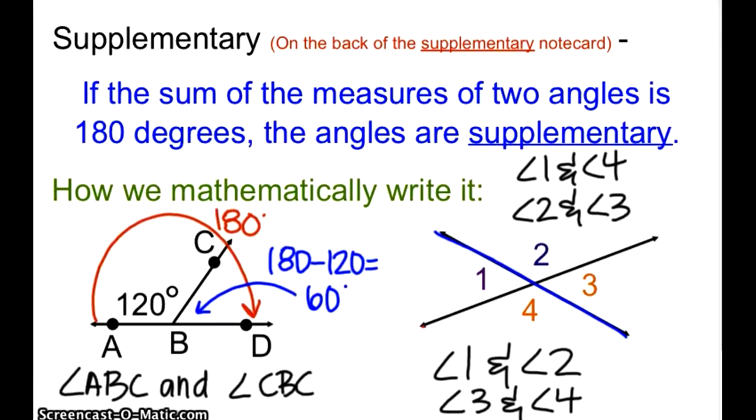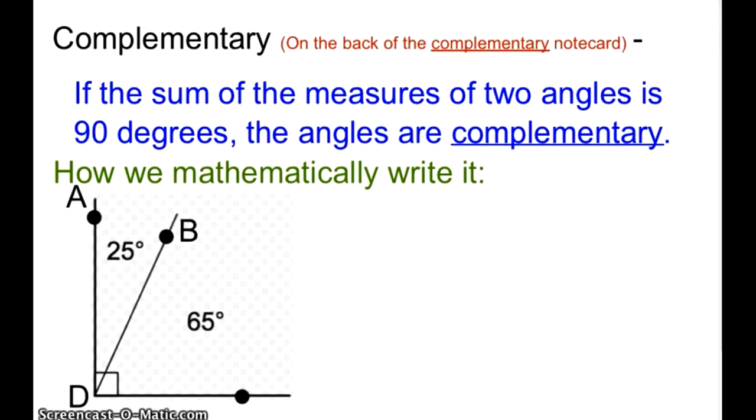The next one is complementary. If the sum of the measures of 2 angles is 90 degrees, the angles are complementary. Here's my trick for complementary. Complementary starts with a C. I can make a 90 out of that, 90 degrees. So I know that complementary equals 90 degrees. Angles ADB and BDC are complementary because 25 plus 65 equals 90.